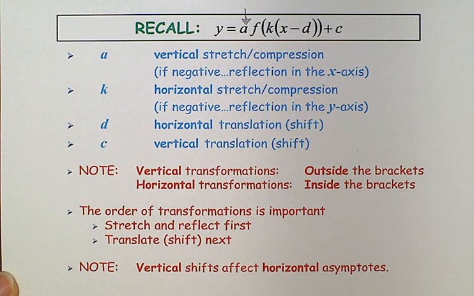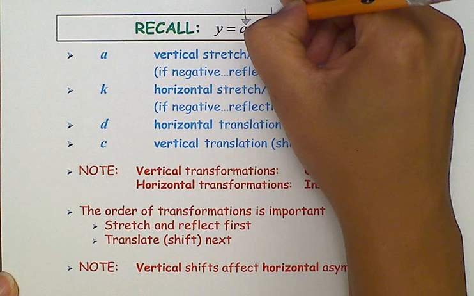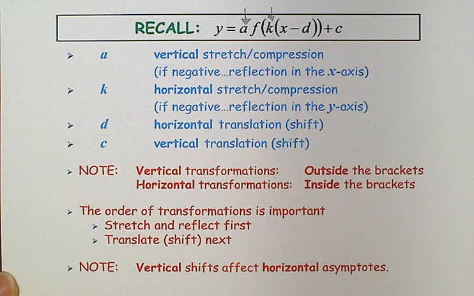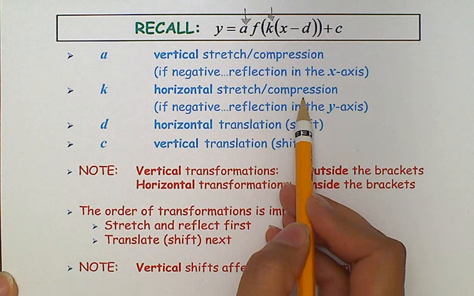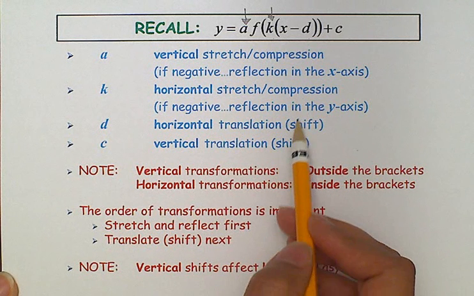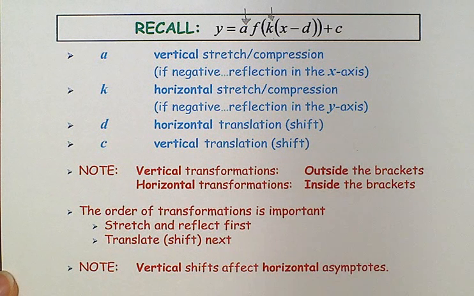You'll notice that the next variable, which is k, is inside the brackets where the variable x is as well. So this indicates to me that this is a horizontal transformation of some sort. And because it's a value that's being multiplied with the x, I know that this is going to be a horizontal stretch or compression. And if it's negative, it indicates a reflection in the y-axis. Okay? Then we have d.